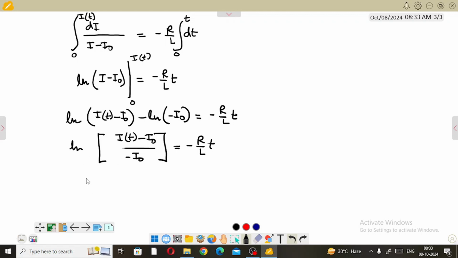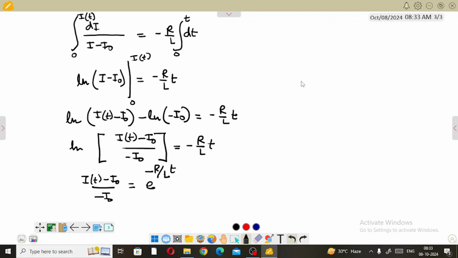So if I do this, what I get is I(t) minus I0 divided by minus I0 is equal to e to the power minus R by L t. Always remember, this is not t, but this will be R by L into t.